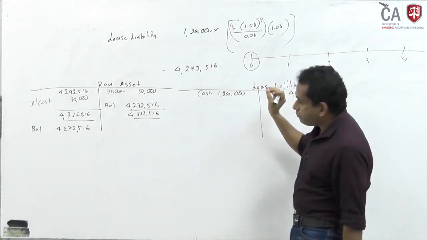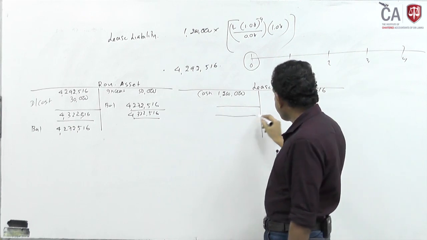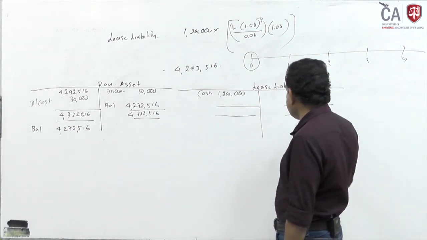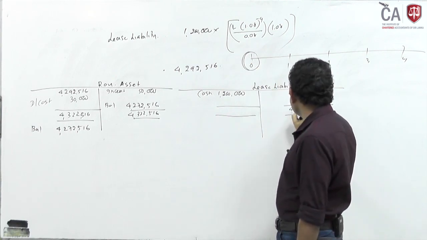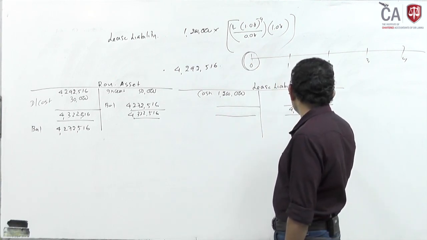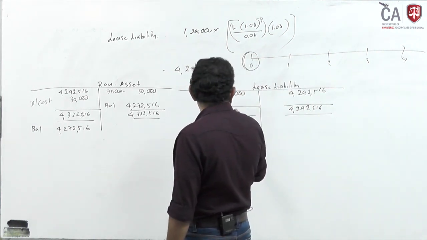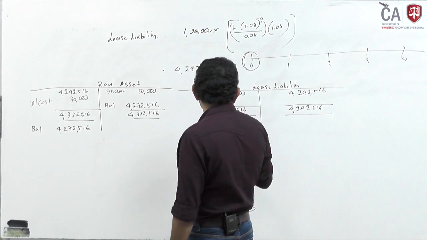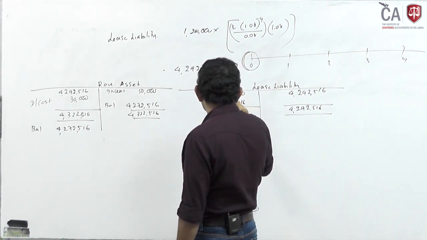Remember, that was paid as soon as the lease agreement was entered into, not at the end of the first year. So, right at the beginning, the value of the lease liability, after deducting the first installment being paid, should be how much?